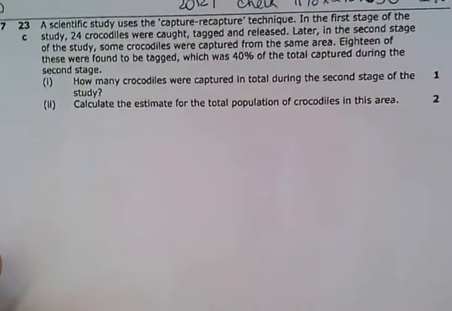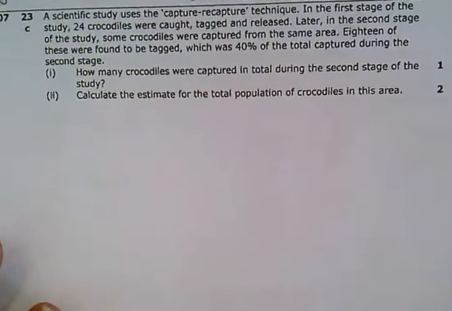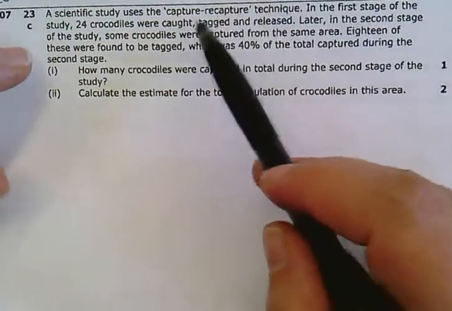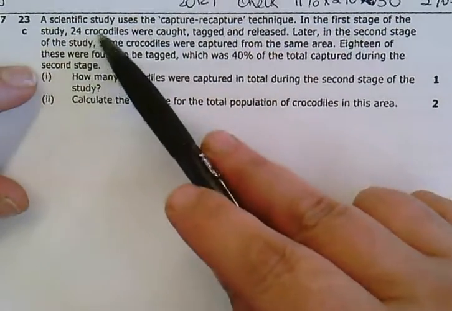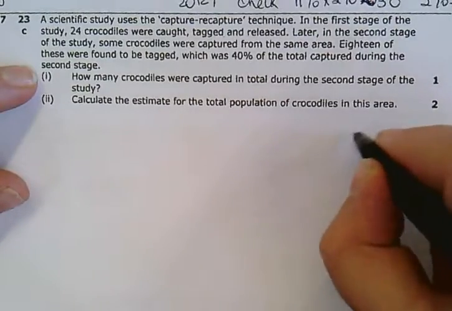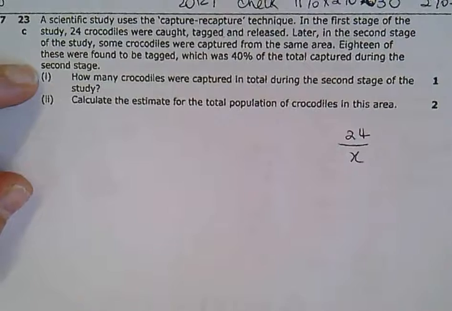Okay, now for 2007, question 23. This is worth 3 marks in total. So a scientific study uses the recapture technique. In the first stage of the study, 24 crocodiles were caught, tagged and later released. So 24 out of X were tagged.